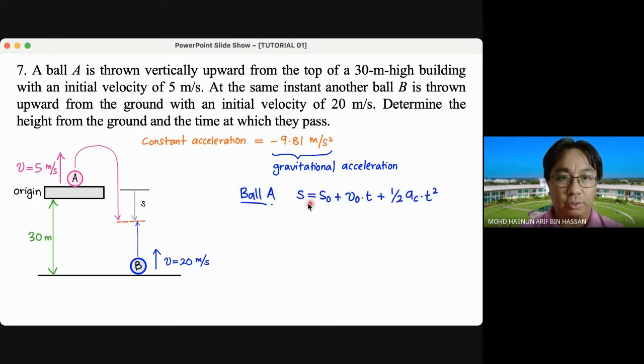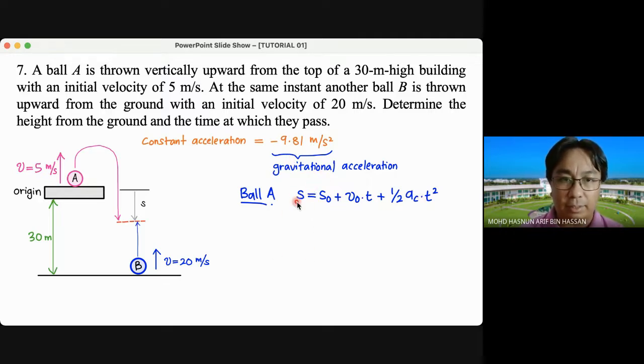We should choose the equation that involves the displacement, because what we want to find is the displacement. Okay, so what we have? We have S equals S naught plus V naught T plus 1/2 AC T square. Okay, AC dekat sini is the gravitational acceleration.